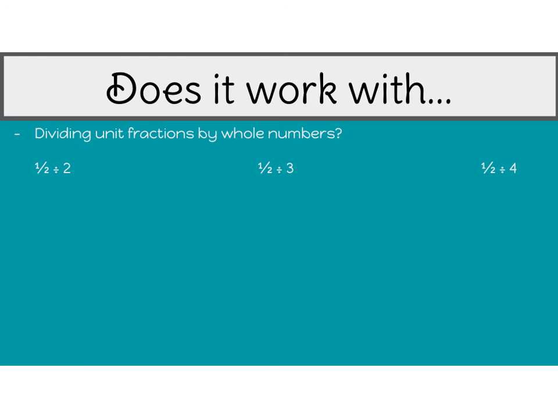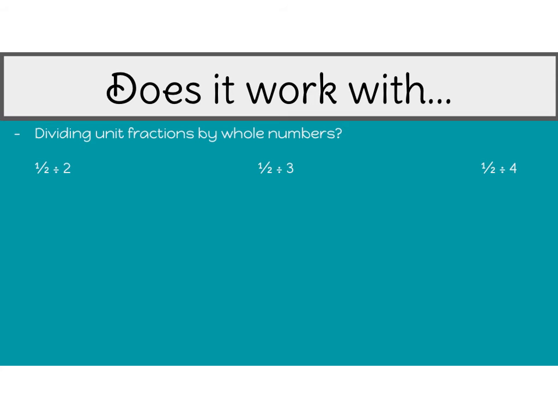So let's see, does the shortcut method work with dividing unit fractions by whole numbers? We're kind of flipping the game here. So we have a unit fraction divided by a whole number. Again, we're going to use the shortcut method.